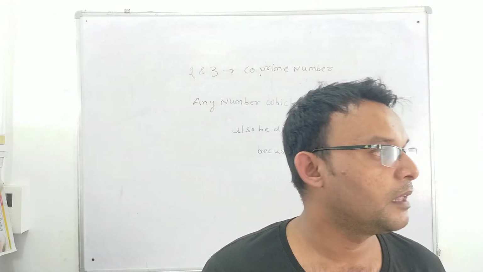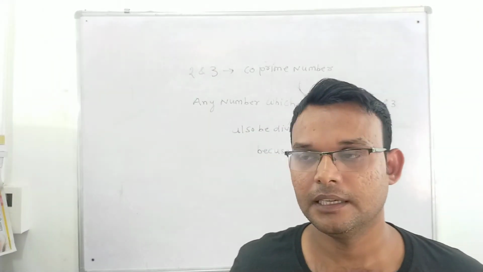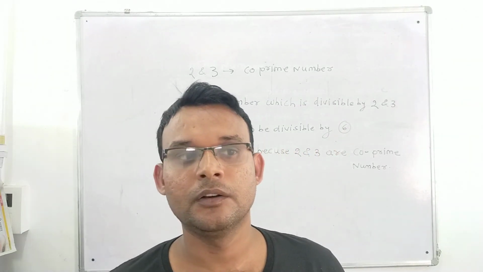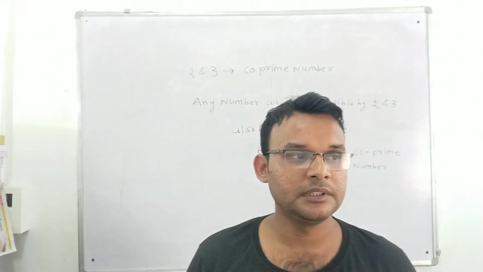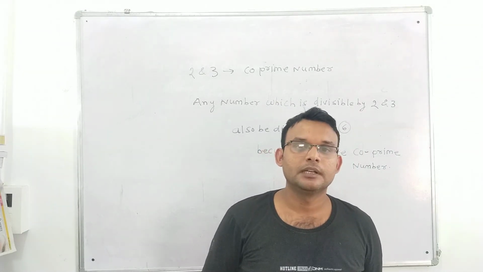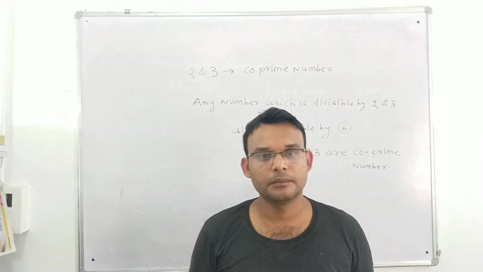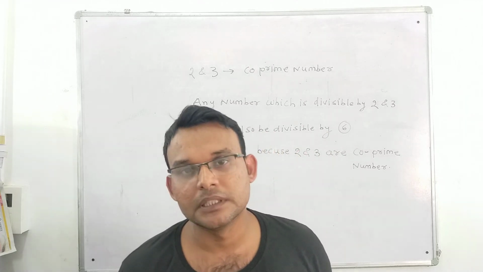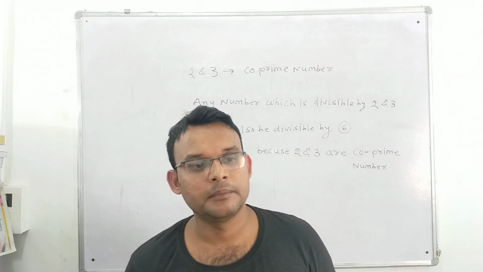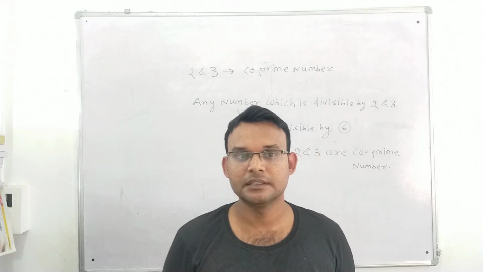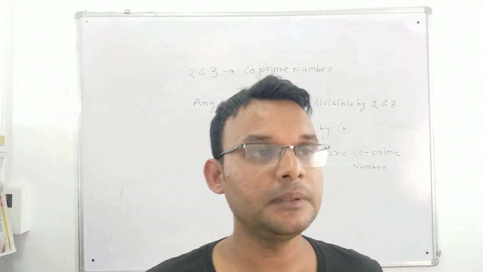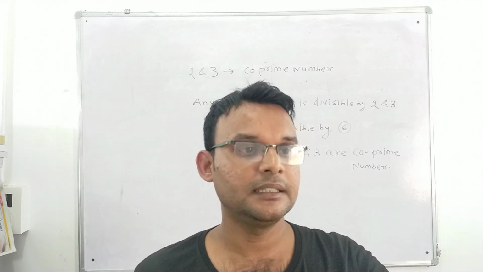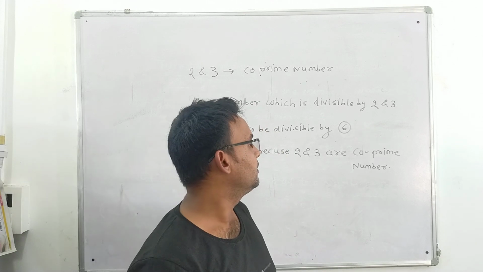In rational numbers, we have seen all the integers as well as all the fractions except non-terminating and non-recurring fractions. Then we see natural numbers, whole numbers, even numbers, odd numbers, prime numbers, properties of prime numbers, composite numbers, then twin prime numbers and co-prime numbers. In this way, this chapter is completed. Okay, this video will be helpful for quick revision. Okay, thank you. We will see in the next class.